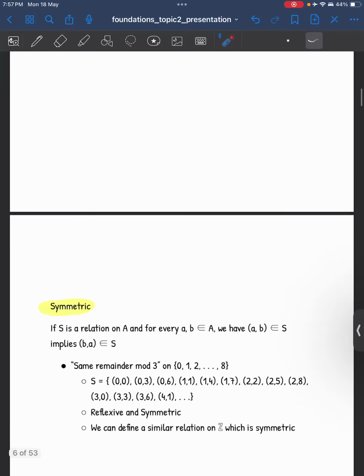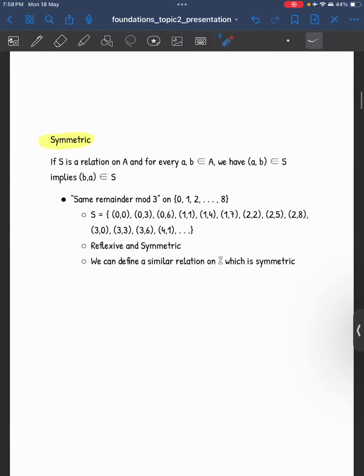Similarly, we have the symmetric relation. So S is a relation on A, and this is symmetric if it satisfies the following property. If (a, b) is in S, then (b, a) is also in S. I just want to emphasize here that a relation is ordered.